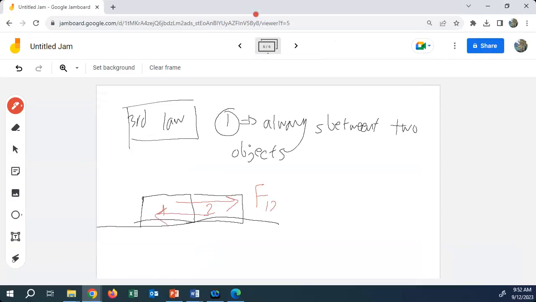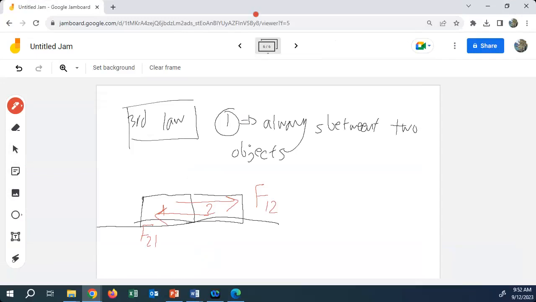If we call this F12, this is going to be F21. What does F12 mean? It means the force which is exerted on box 2 by box 1. Box 1 exerts a force on box 2, and based on Newton's third law, box 2 will exert exactly the same force, same magnitude, opposite direction.